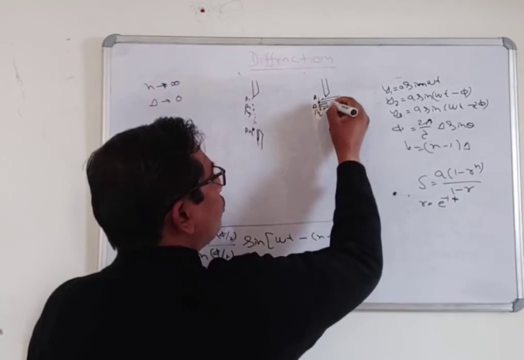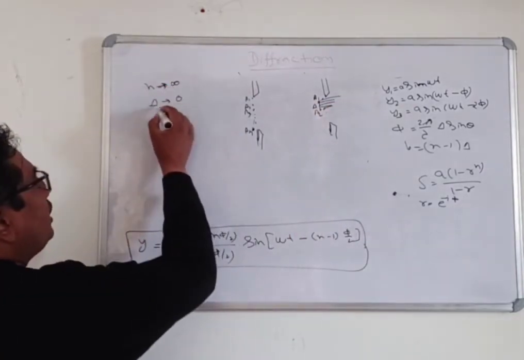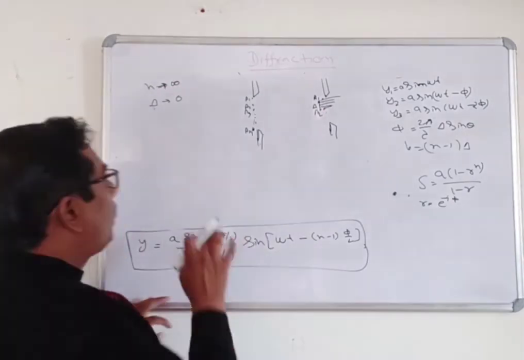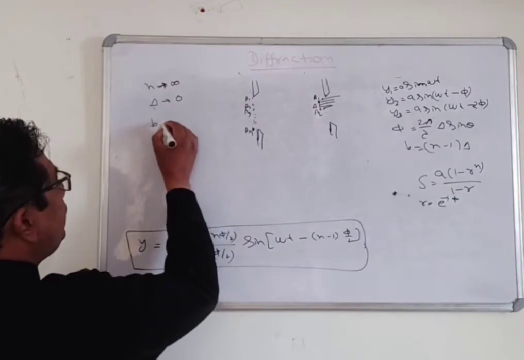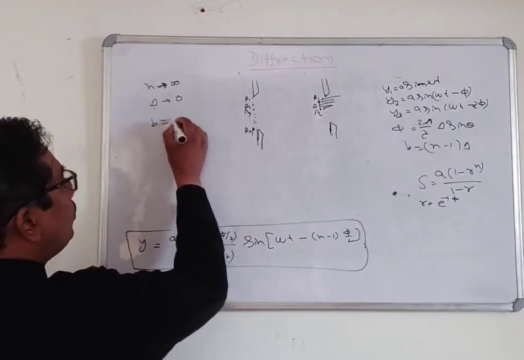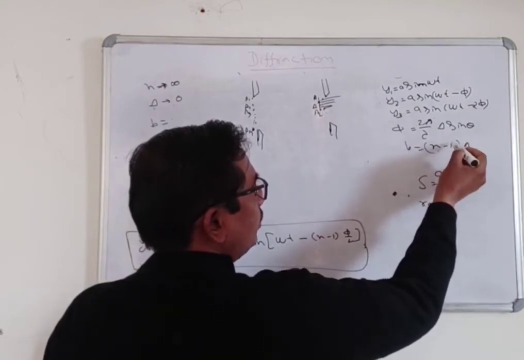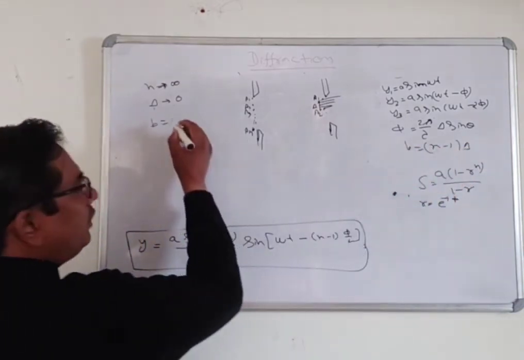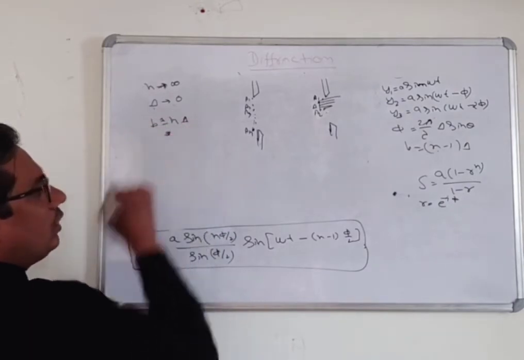It means that delta decreases. It means that when n tends to infinity, delta decreases. At that condition, because n is infinite, there is no meaning of the 1. It means that we can write n into delta.